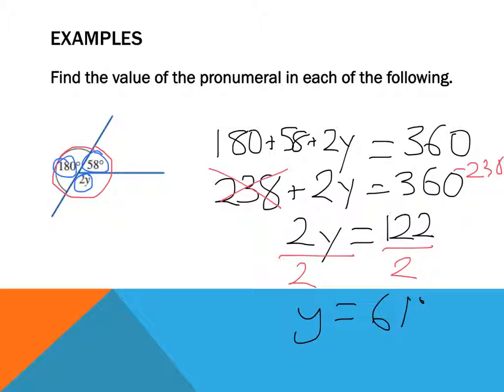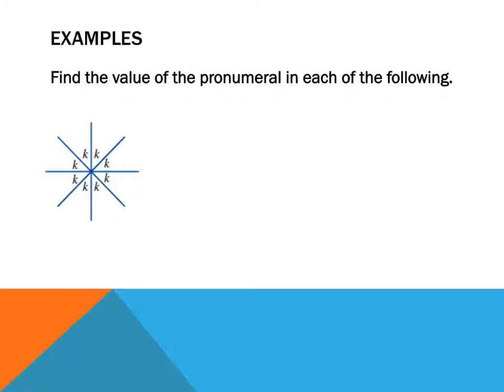Hear that little thing I did in my head, that little calculation? They're the kind of mental strategies I want you guys to use. Okay, what's this now? Find the value of the pronumeral. This looks weird. Well, I know they all go around in a circle. And if they've been indicated as having the same pronumeral, surely that must mean they're all equal. 1, 2, 3, 4, 5, 6, 7, 8.